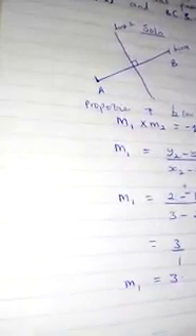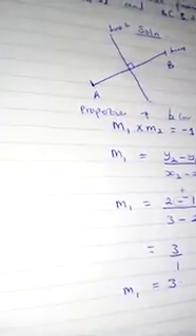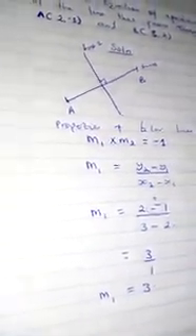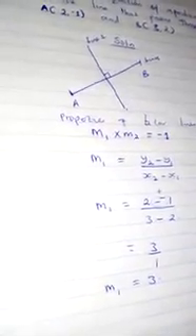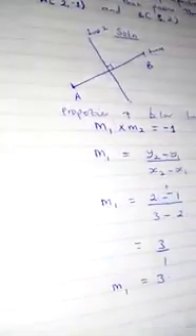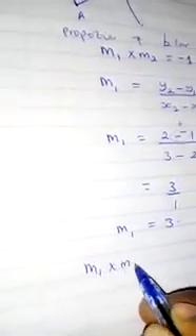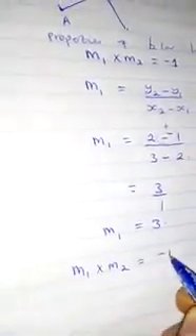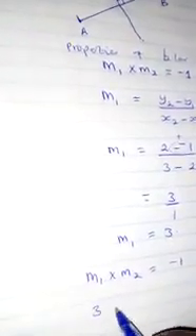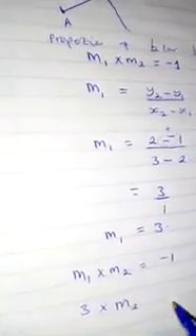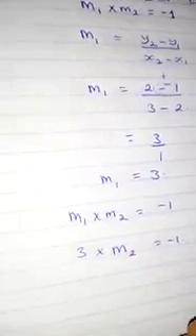Now, friends, we look for M2, the gradient for that perpendicular line. We know our property very well: M1 times M2 equals -1. Our M1 is 3, so 3 times M2 equals -1.